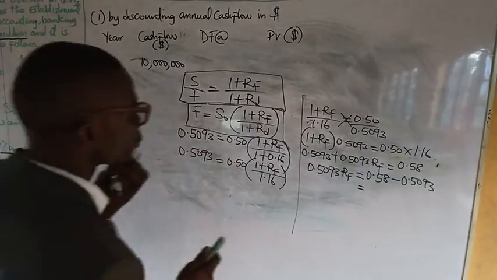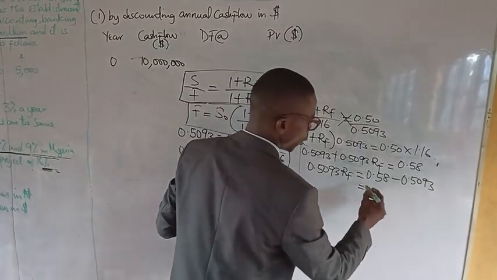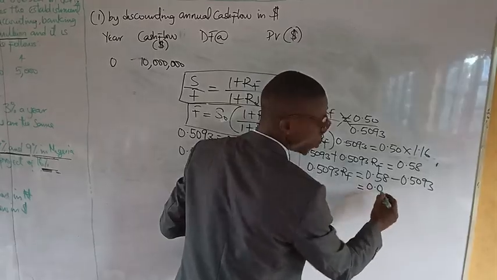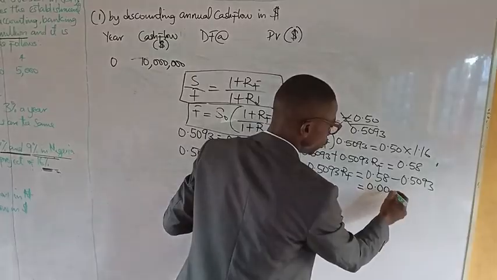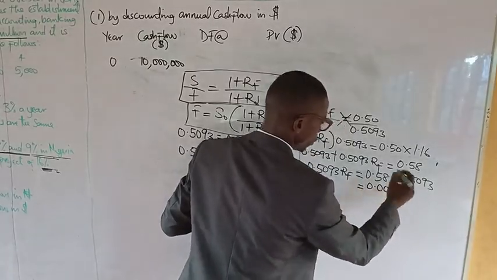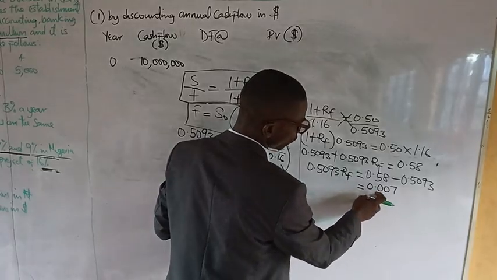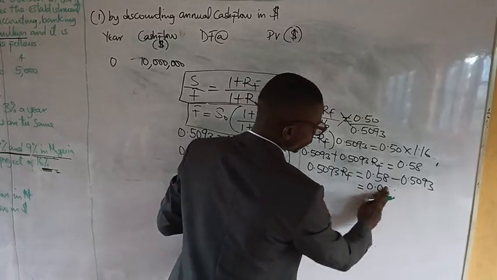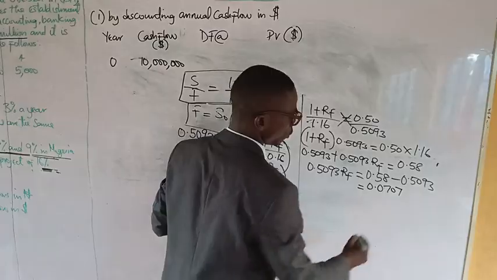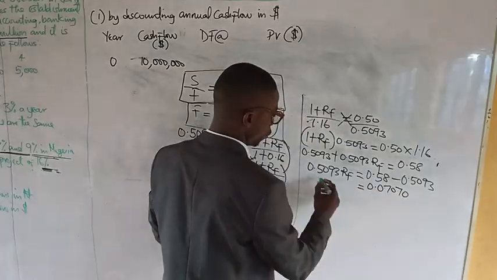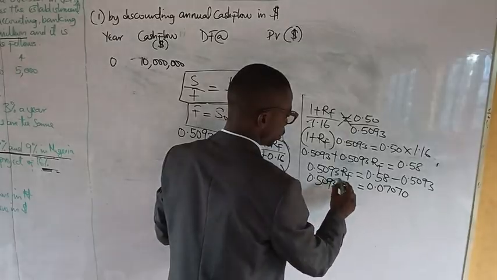If you subtract it, it will give you 0.07. Yes. So divide both sides by 0.5093.